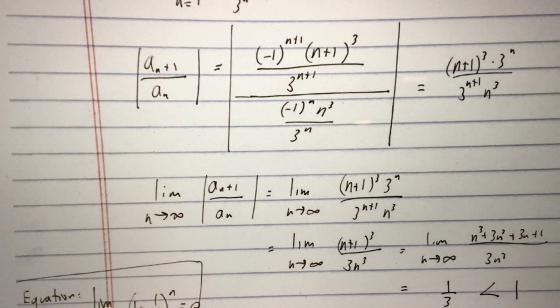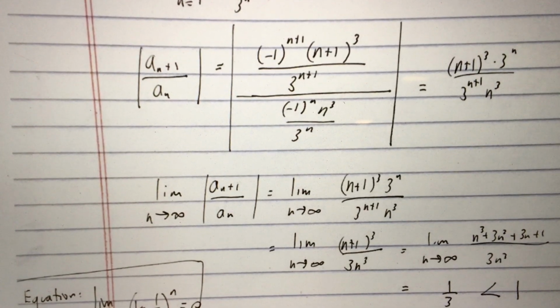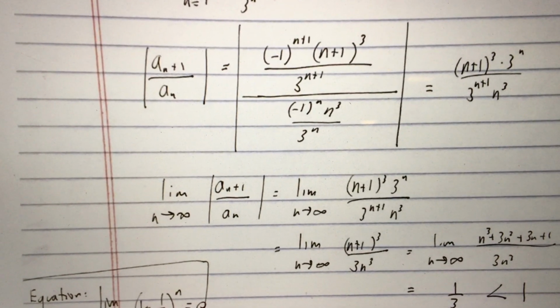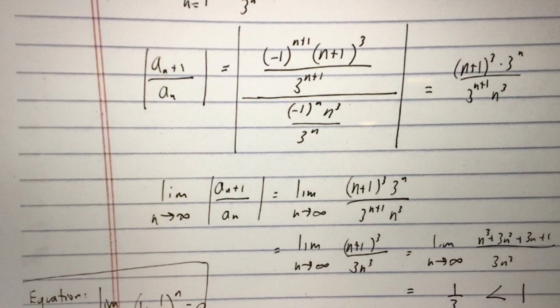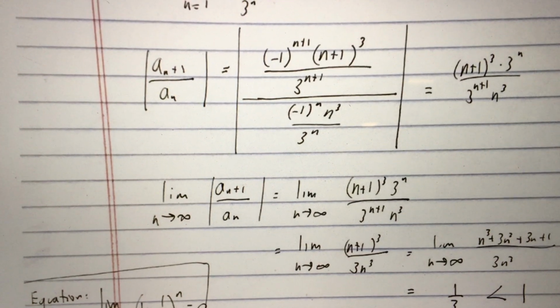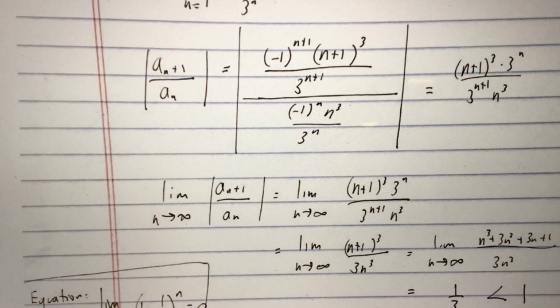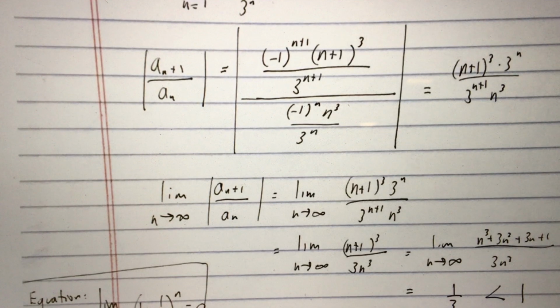Those are the same base, so I can simplify the exponent, and I get n plus 1 cubed still, and just 1 on top, and only one copy of 3 left on the bottom. The 3 to the n cancels with the 3 to the n. So I just have 3 on the bottom and n cubed.